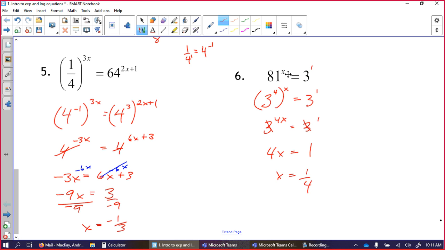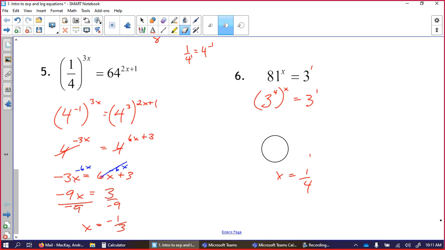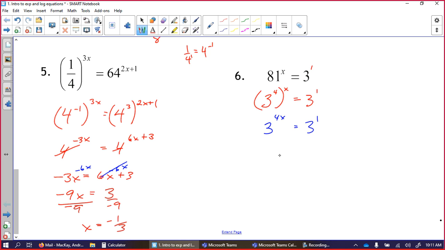X is a quarter. The 4th root of 81 does equal 3. So we cancel these things out. I'm just going to erase and redo this. What we actually do, so this is 3 to the power of 4x equals 3 to the 1.